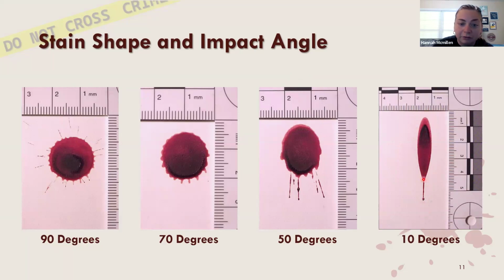So we follow that reverse vector back up, and we know that our blood stain came from over here. Then with our measurements, we can look at the width and the length to determine that this was 10 degrees. Same with our 50 degrees. We can look at the width of the parent stain and the length of the parent stain and determine that this was 50 degrees.